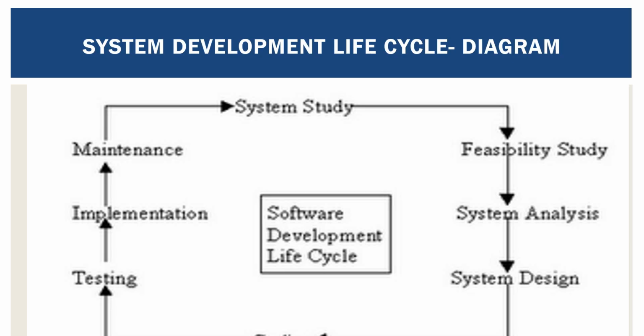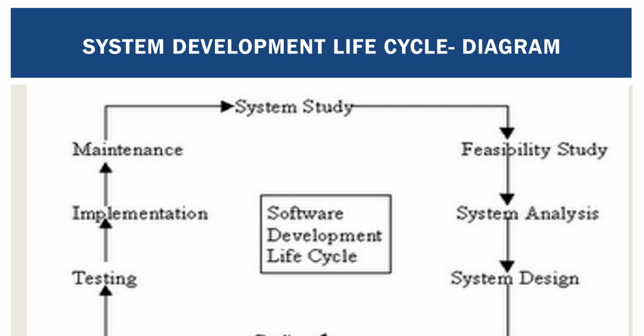Alright, so this is a pictorial representation of the system development life cycle, whereby we start with the system study, where we are trying to acquaint ourselves with the system. After acquainting ourselves, we try to figure out the problem through the preliminary study. Then from there, we go on to feasibility study, analysis, design, coding, testing, and implementation.